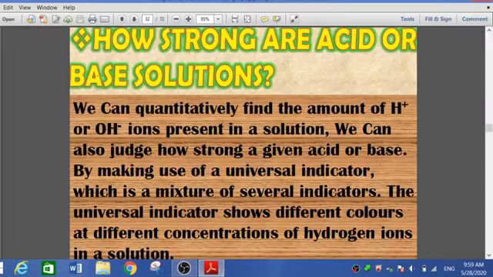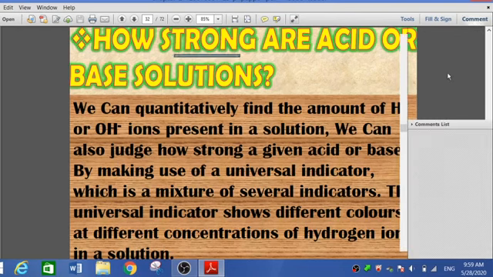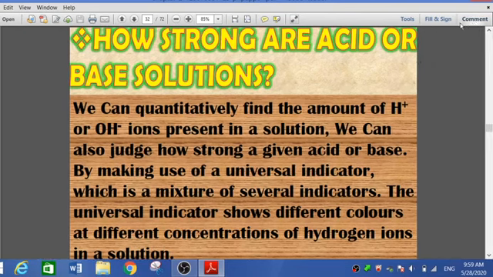Friend, today I want to explain strong acid and strong acid or base solution. What is the meaning of strong? First, quantitatively, the amount of H plus or OH minus present in solution.